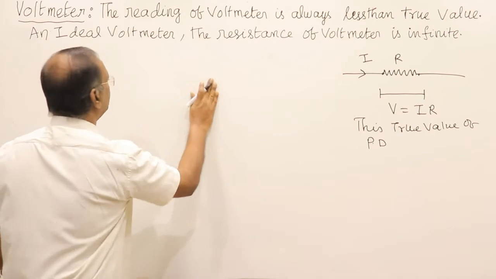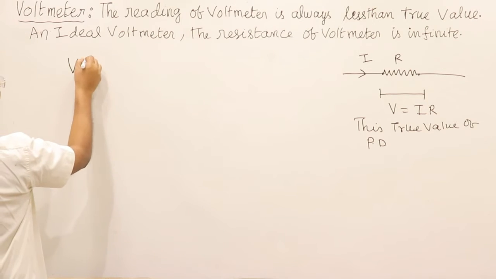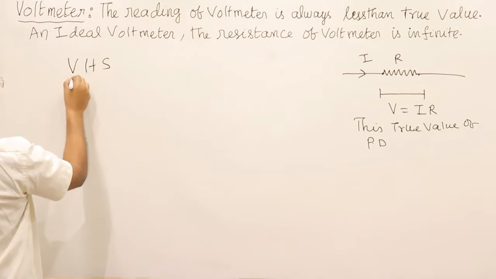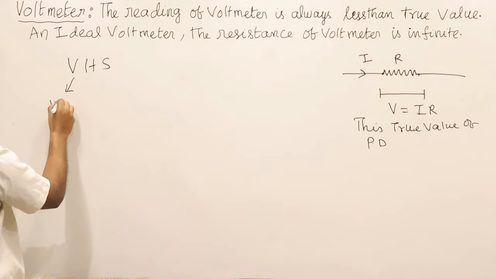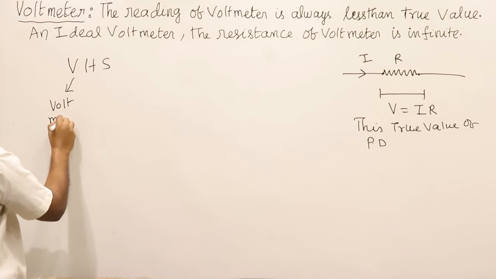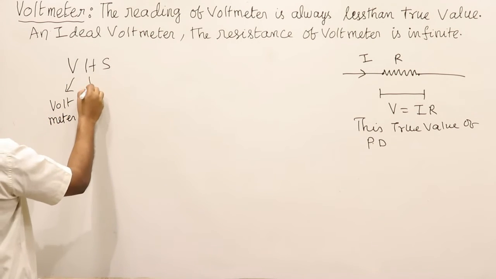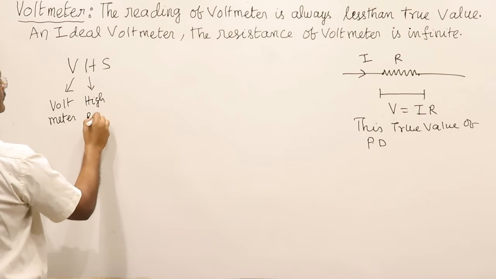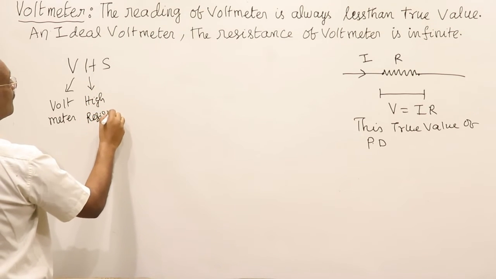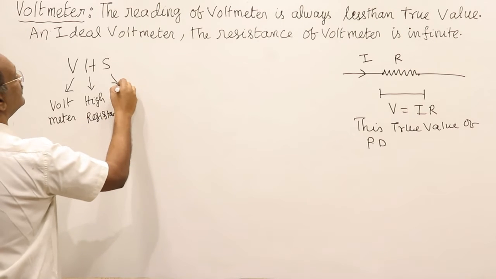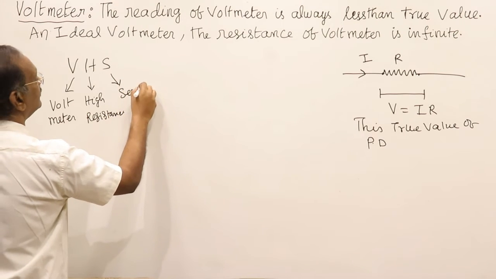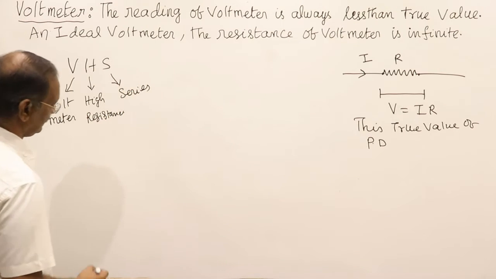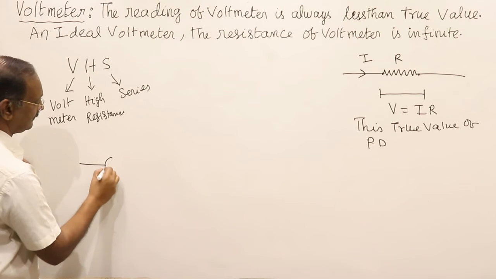See, this is a voltmeter. We know what a voltmeter means. This is a voltmeter, a high resistance in series with a galvanometer. See, this is the galvanometer.